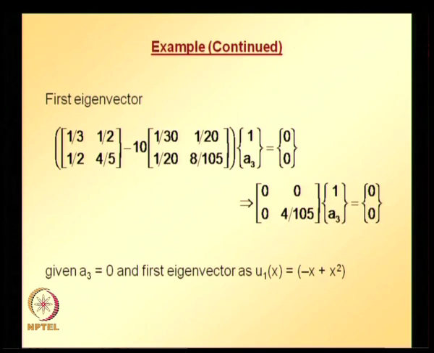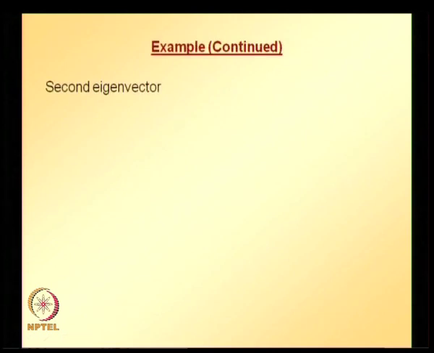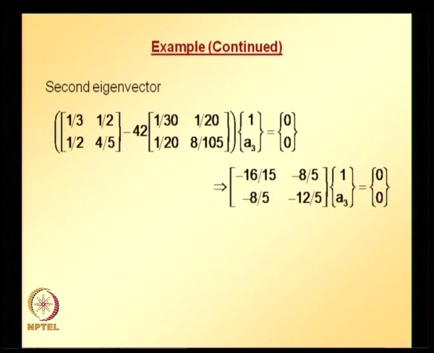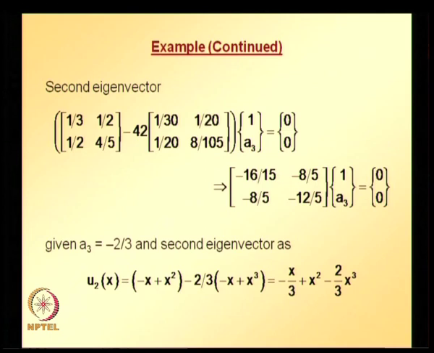So the first eigenvector is given here, and similarly you can take lambda equal to 42 and repeat this process. You get the second eigenvector, and the second eigenvector is this. Okay. So we will continue in the next class.